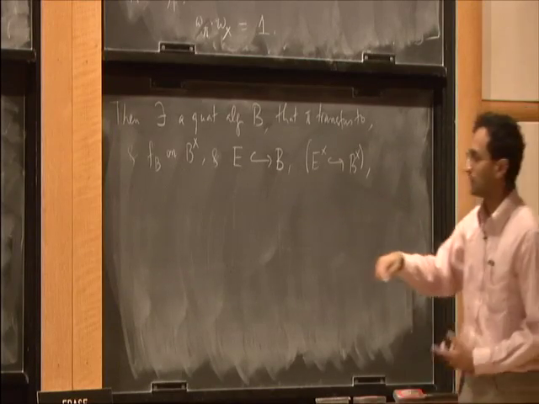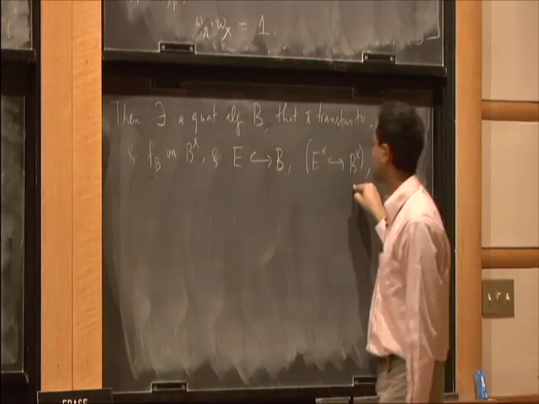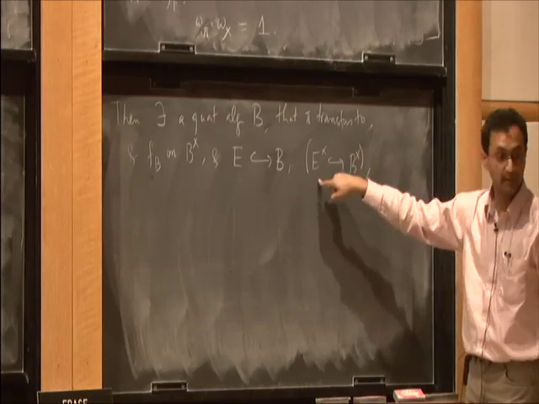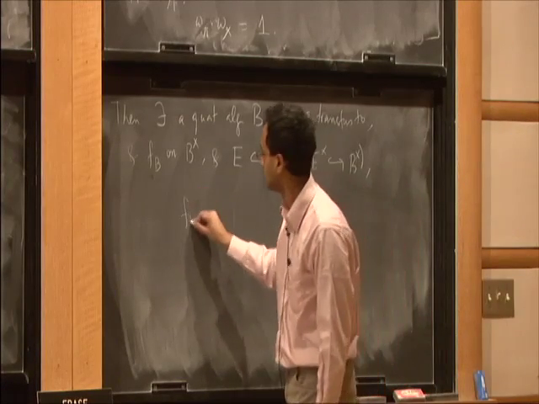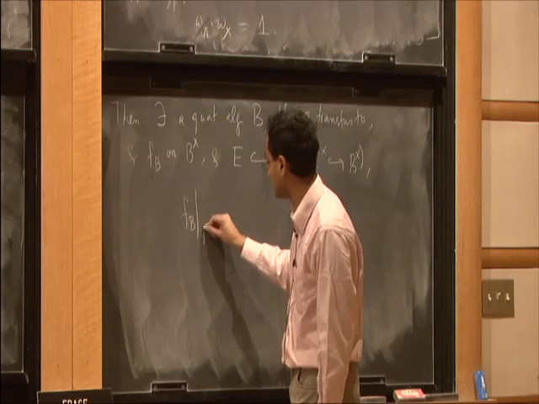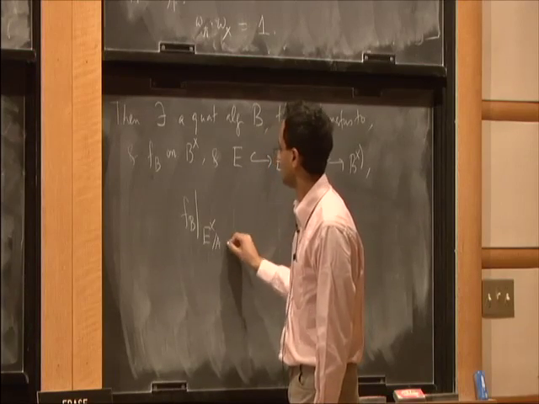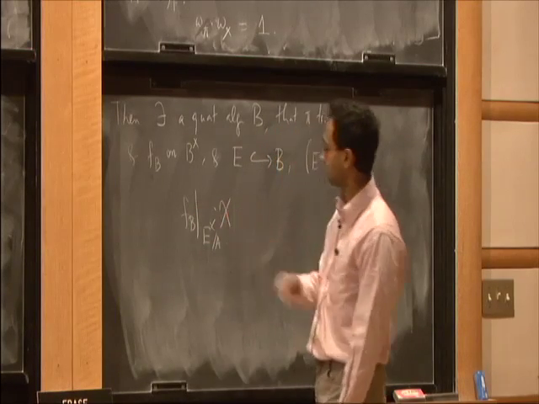So you can take your form f sub B, which is a form on B cross A, and restrict it to E cross A, and integrate this against chi.